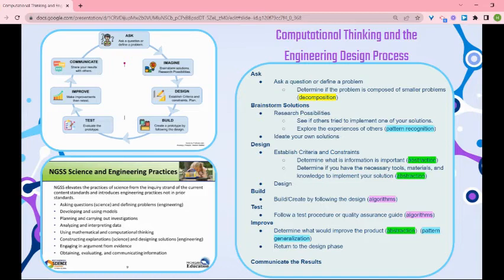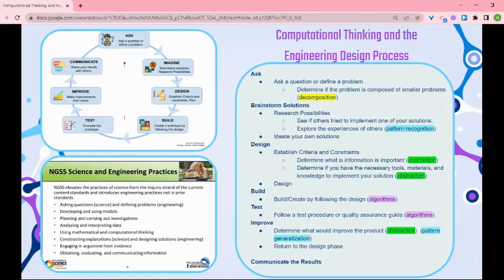So, defining the problem. What is the question that you're trying to solve? Brainstorming solutions, designing, determining which solution is the best, and coming up with a design, establishing criteria, constraints. And then you've got to build, test, and improve. And that's that iteration process that we think about when we think about engineering design or design thinking.